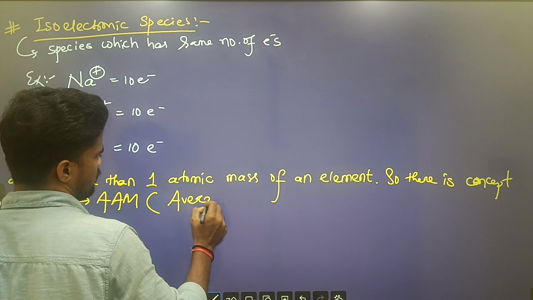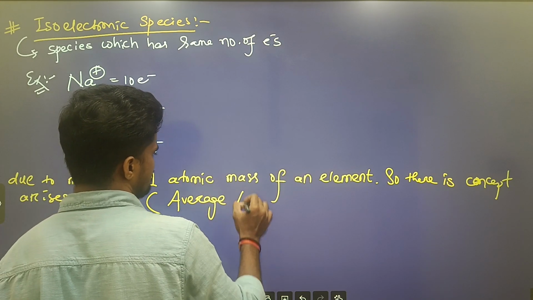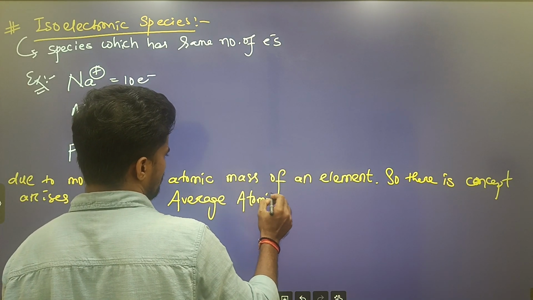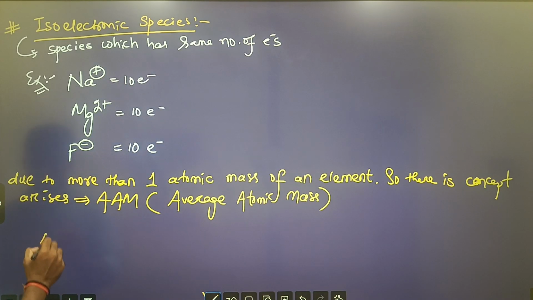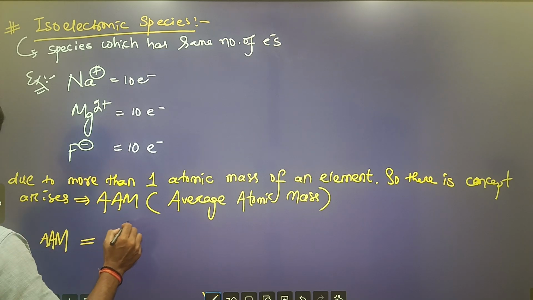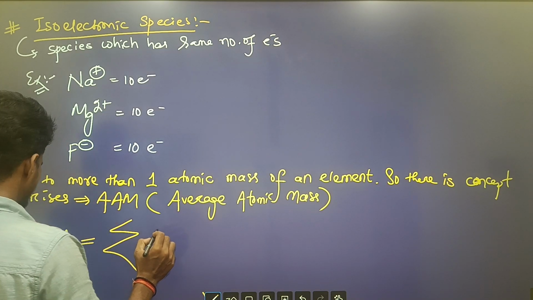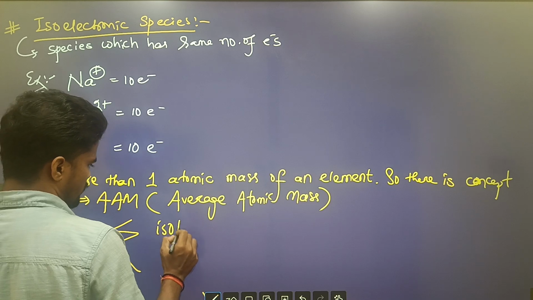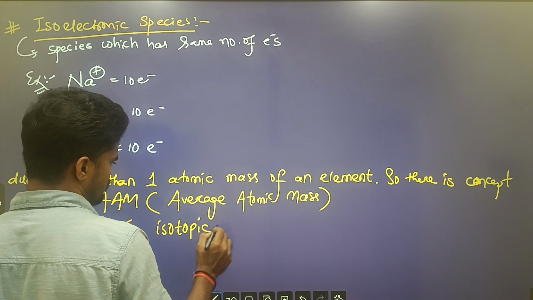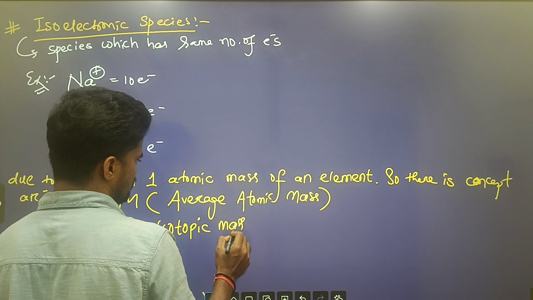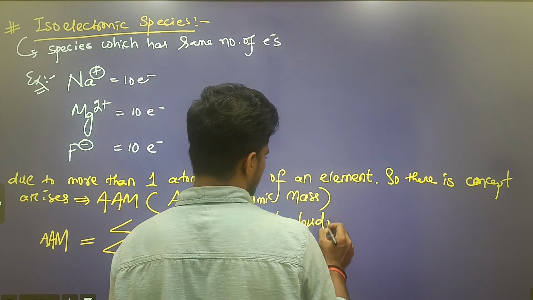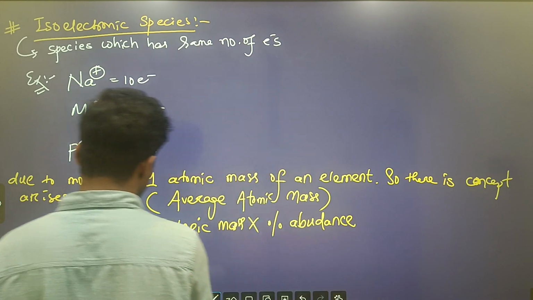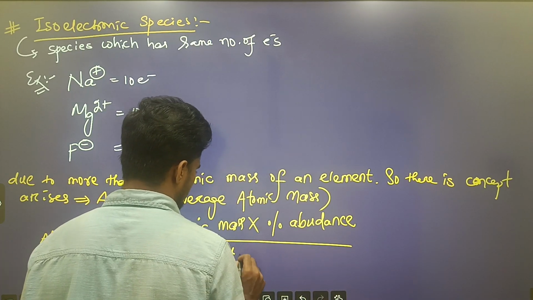Simply say AAM. It means average atomic mass. So what is it? The average atomic mass of any element is equal to the summation of isotopic mass into percentage abundance upon 100.